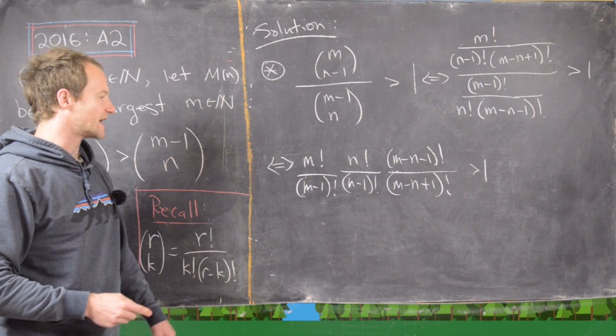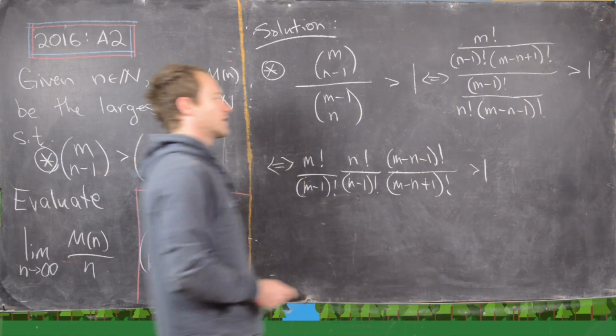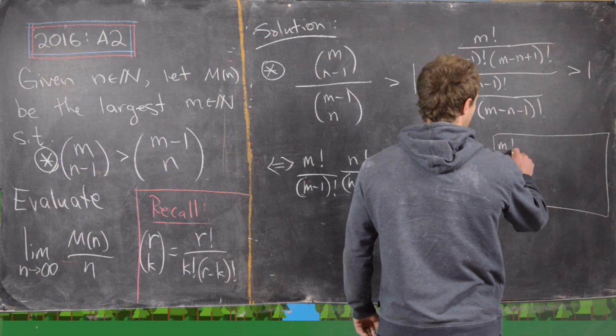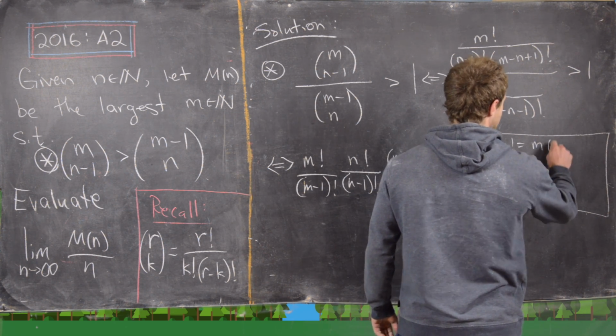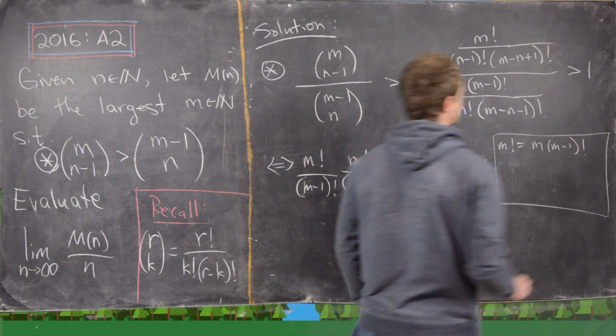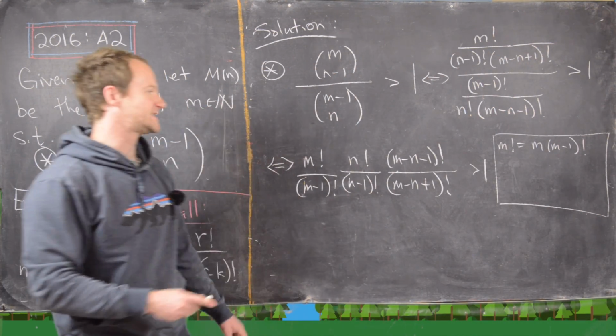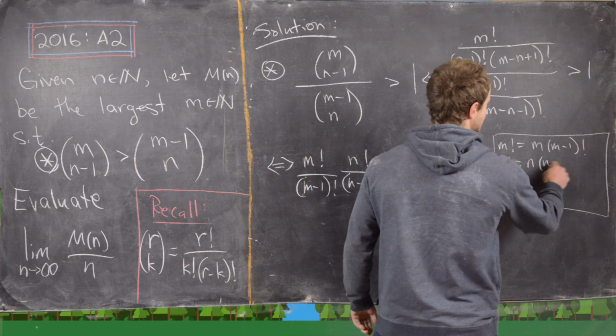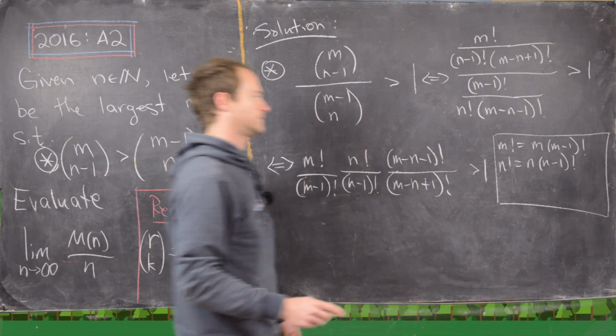But now we can do a lot of simplification here. For example, we'll use all three of these. m factorial is equal to m times m minus 1 factorial, and similarly, n factorial is equal to n times n minus 1 factorial. Good.